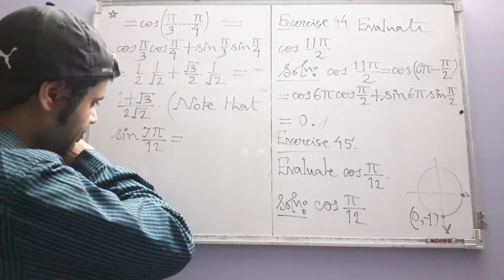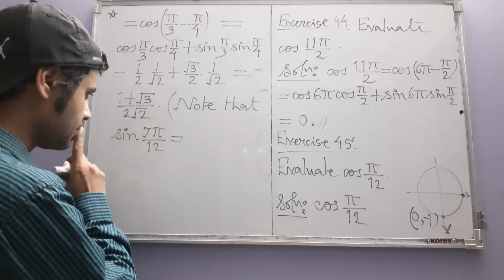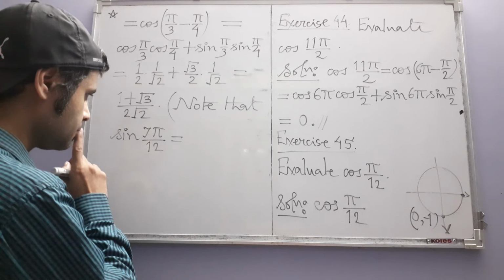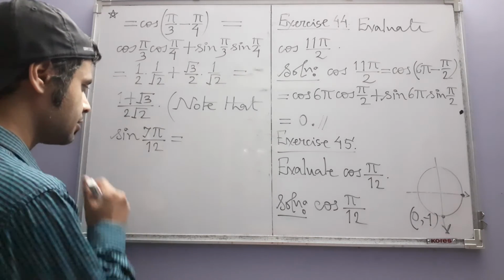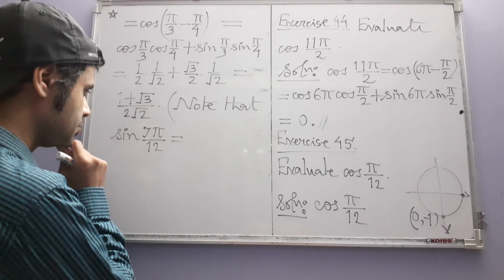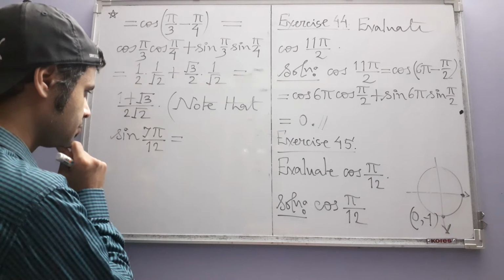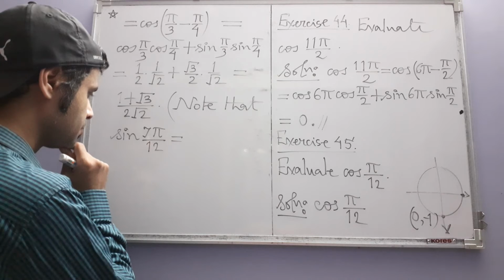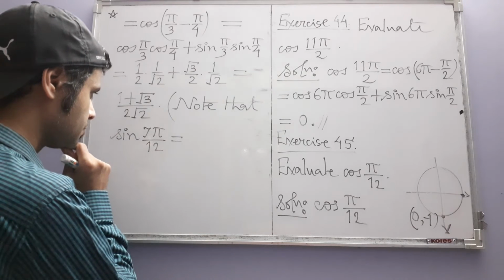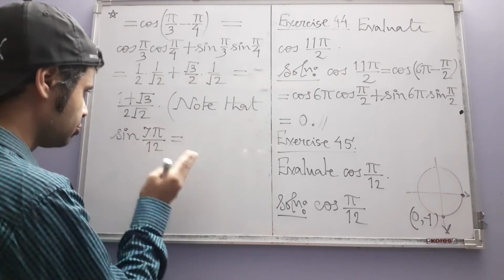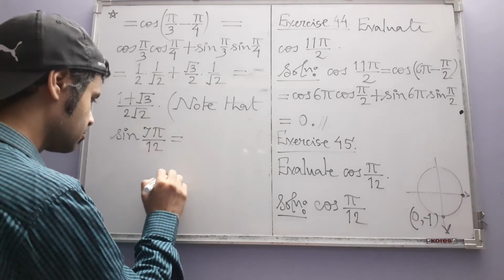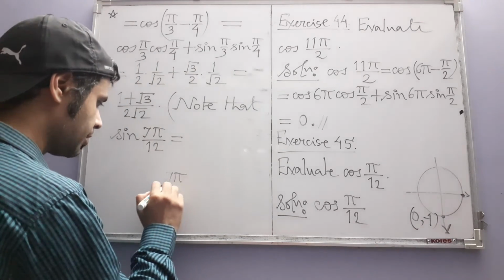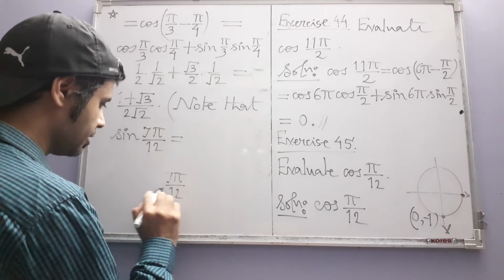Now can we express this in terms of just pi over 12 and some integer multiple of pi? So that I can show you why these two things are equal. If I can't quickly figure it out, I will just leave it.